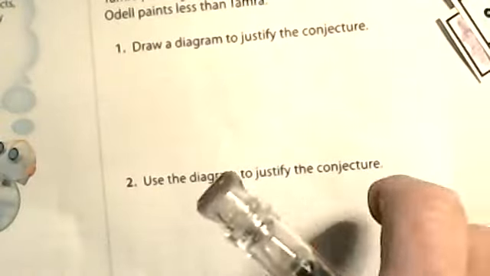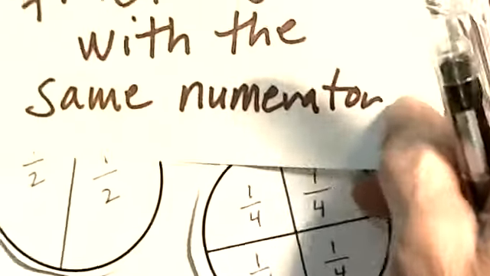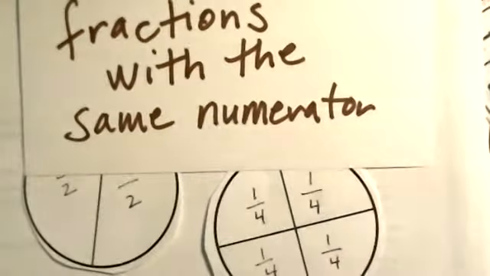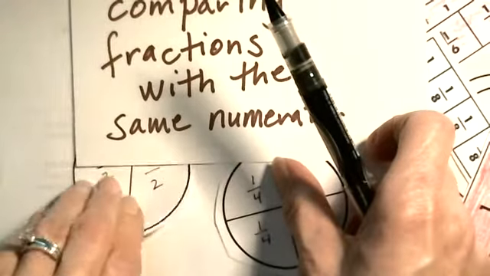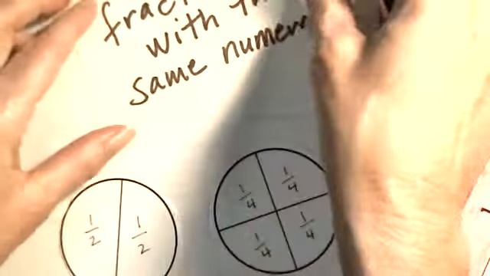Now, I want to talk about comparing fractions. If I'm comparing fractions that have the same numerator, let me zoom out a little bit. Okay. If they have the same numerator, same top number, so I'm going to put some fractions here that have the same numerator.